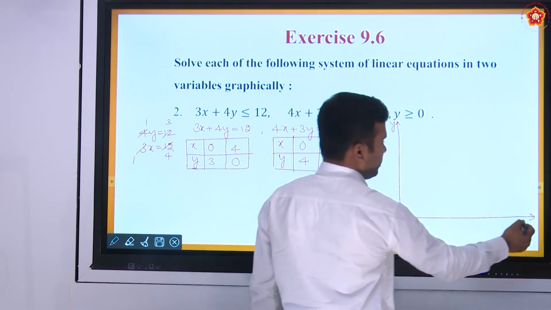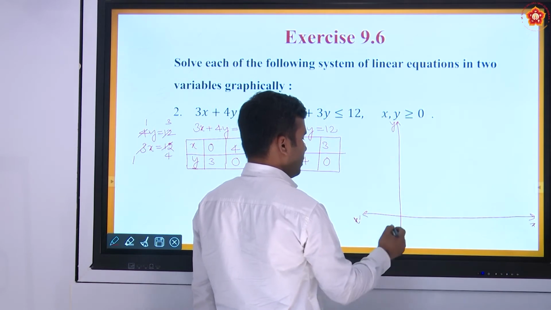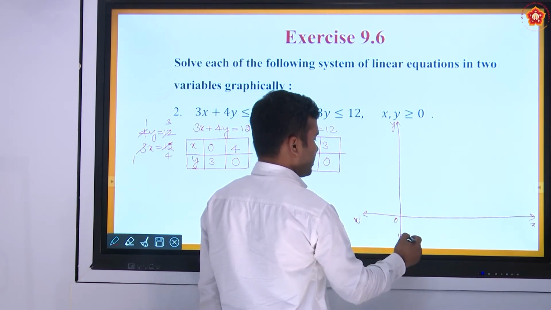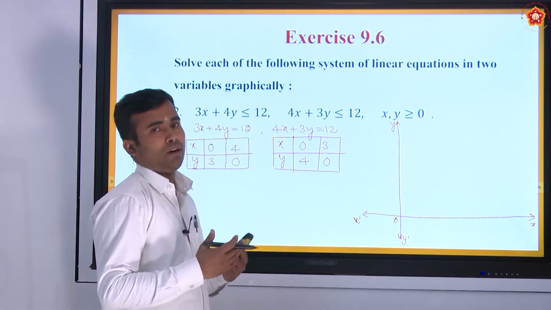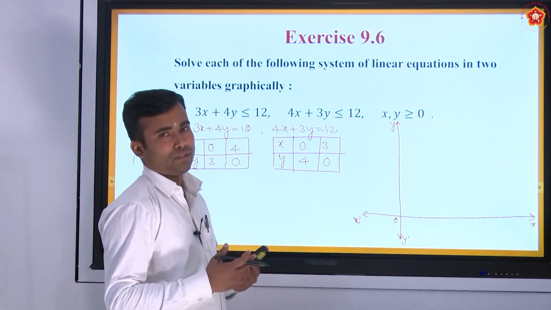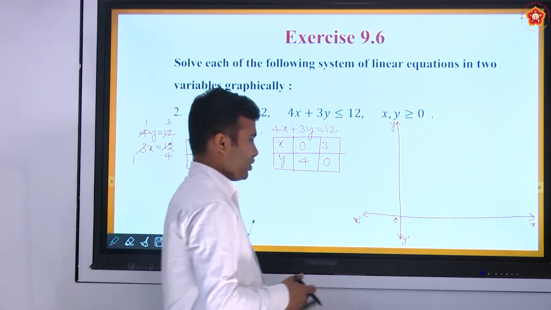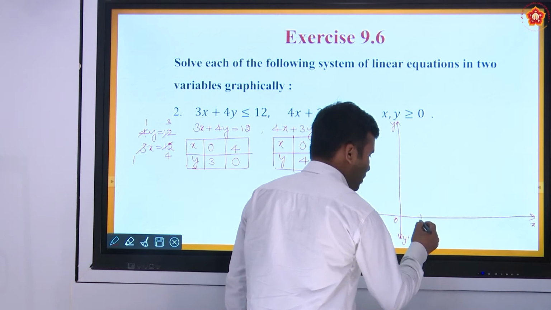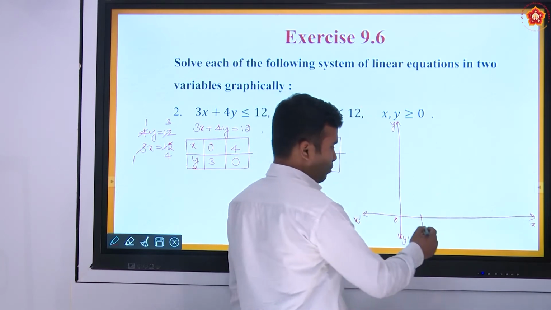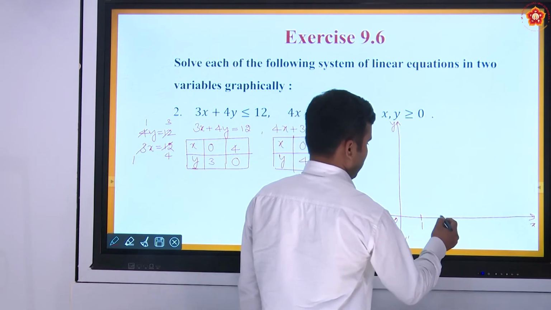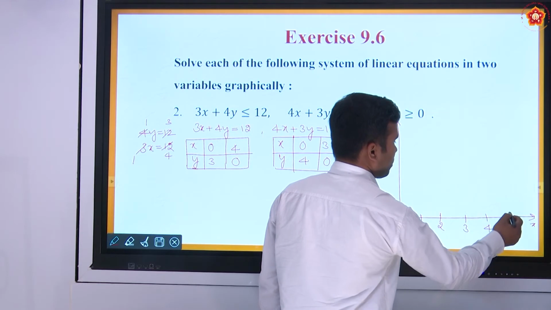This is the y-axis, x-axis, x dash, origin and y dash. Now, for the scale, you may take 1 centimeter equal to 1 unit on the x-axis: 1, 2, 3, 4, 5.